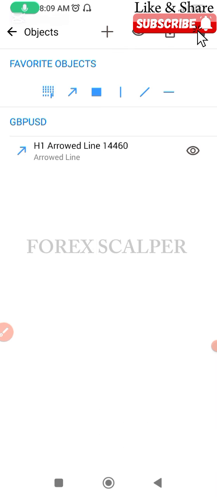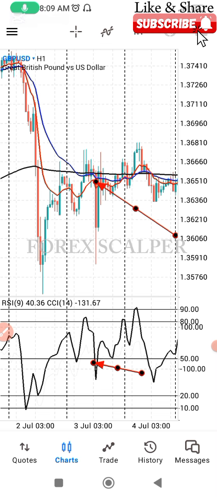Then coming to our indicator window, the commodity channel index that you are seeing is only for two purposes. One, for determining divergence at your point of entry.